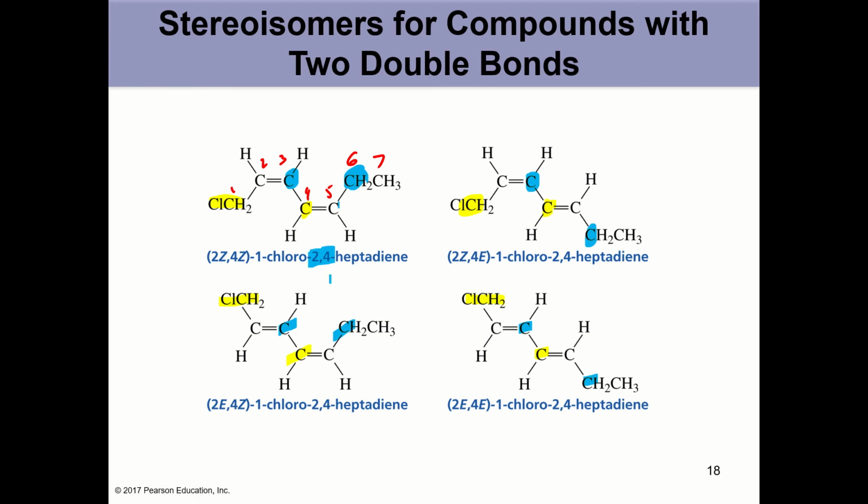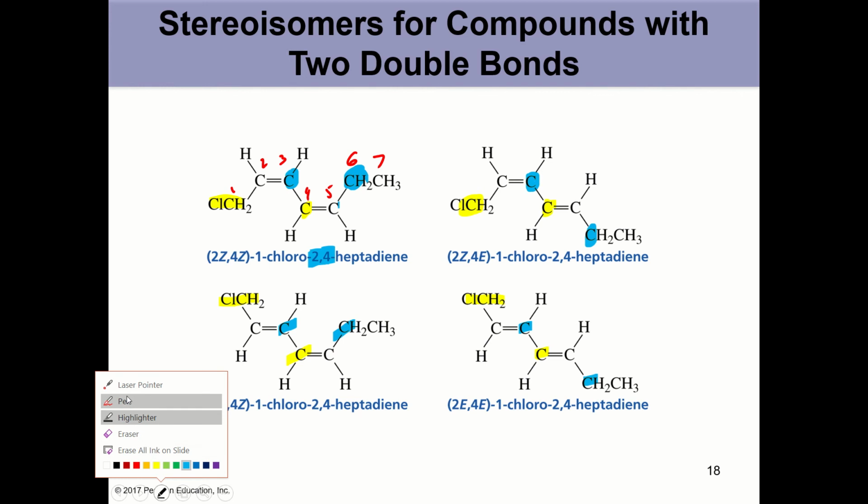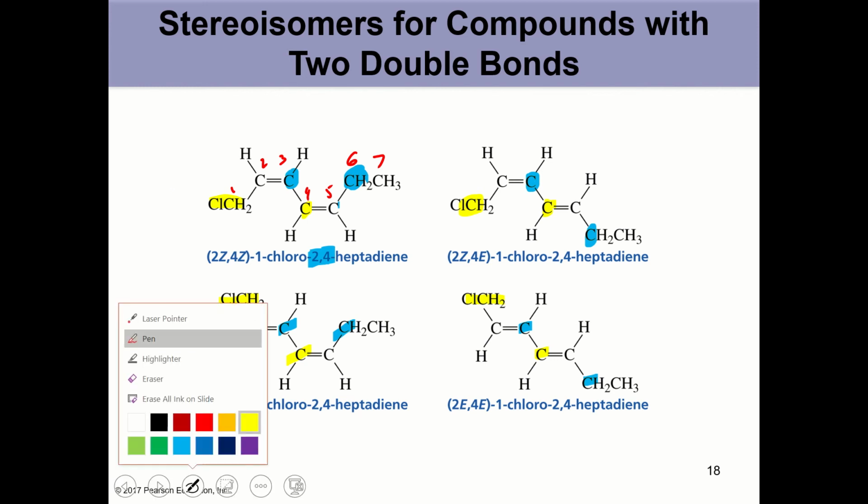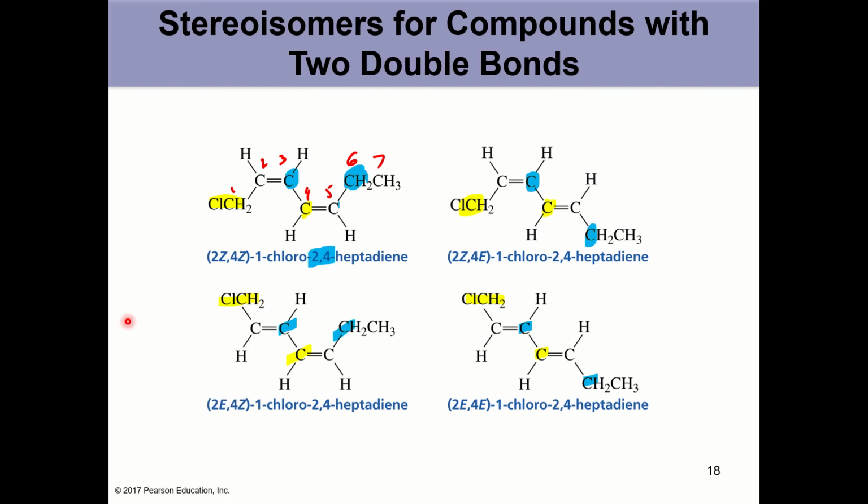But when you write out your configurations, just like with R or S, we have to put the carbon number at which the configuration occurs. And the configuration always goes at the very front of the name in parentheses.